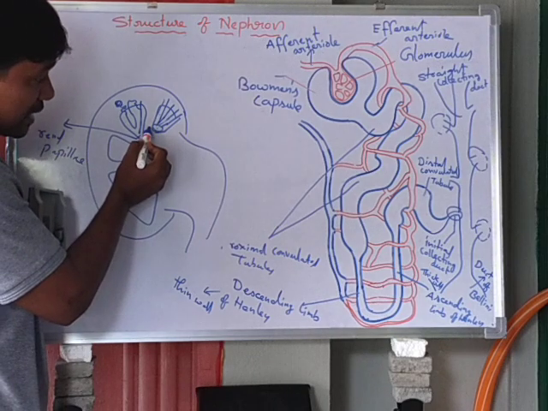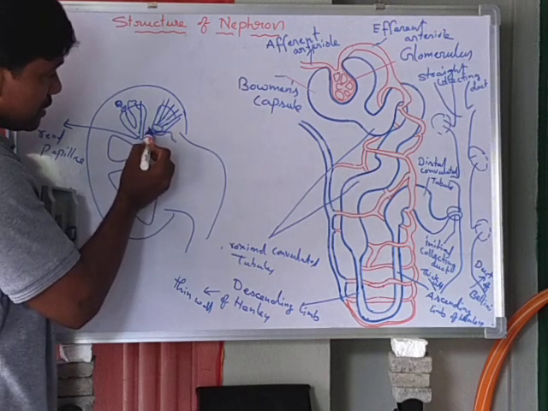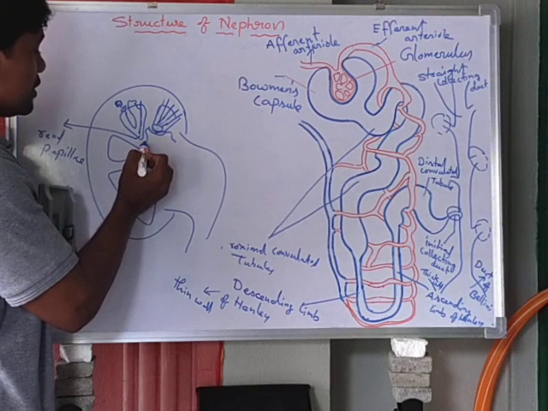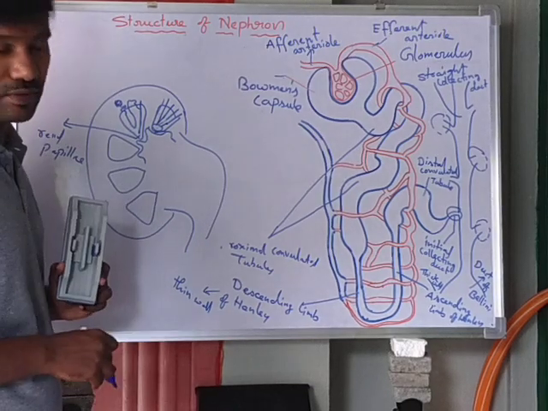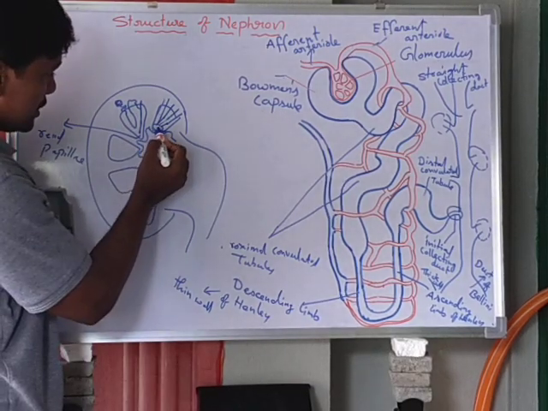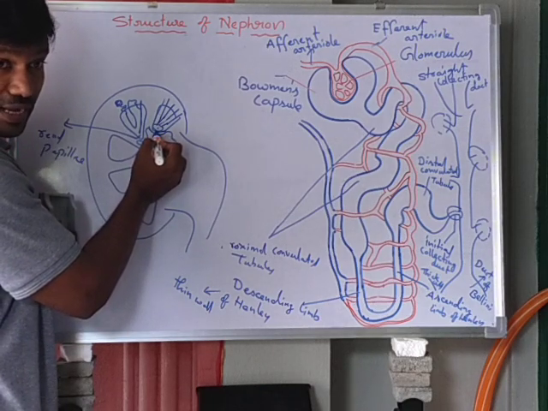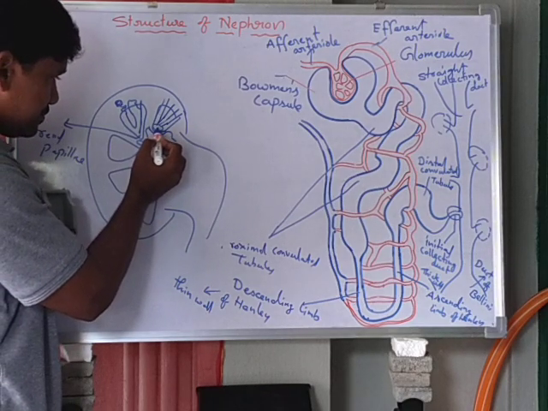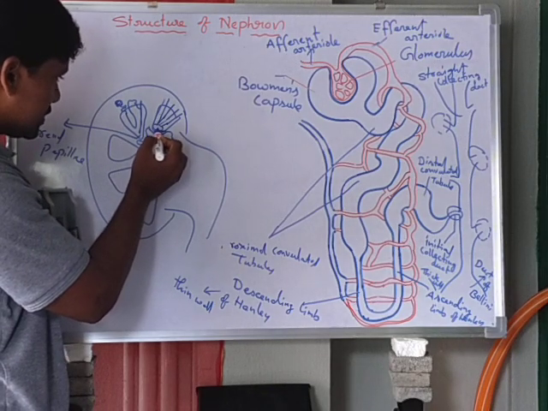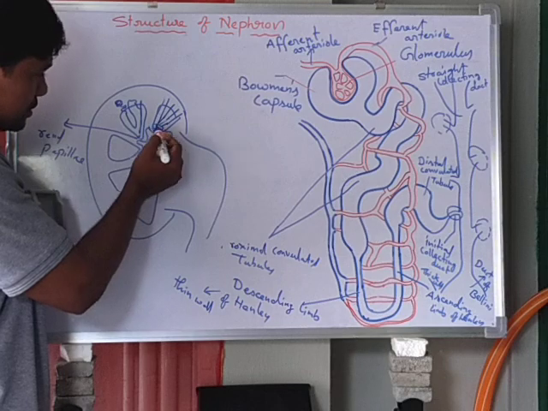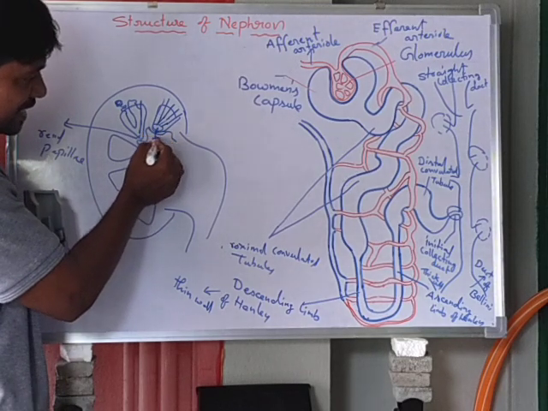The renal papilla generally projects into the calyces. So this duct of Bellini opens into the renal papilla, and then the renal papilla opens into the renal calyces.